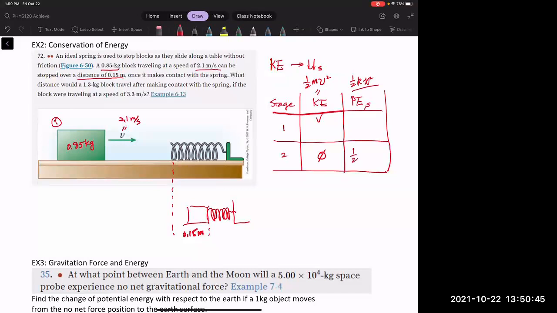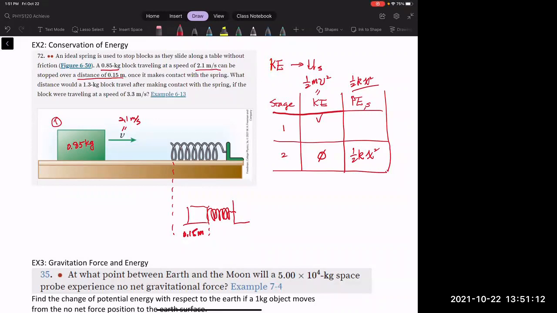So 1/2 kx squared is going to be the potential energy at the end. If you look at the table, it's very straightforward that you transform kinetic energy into potential energy of the spring, and you simply set them equal to solve this problem.